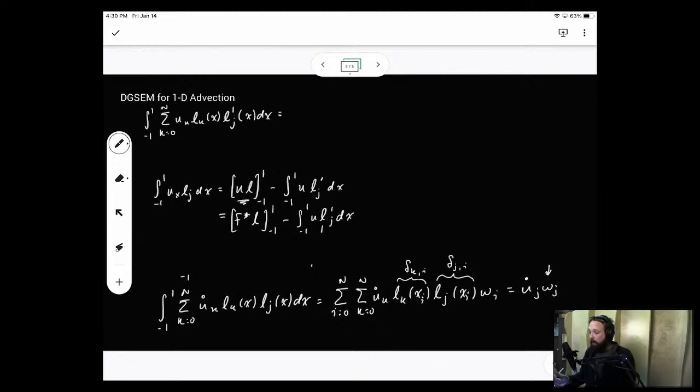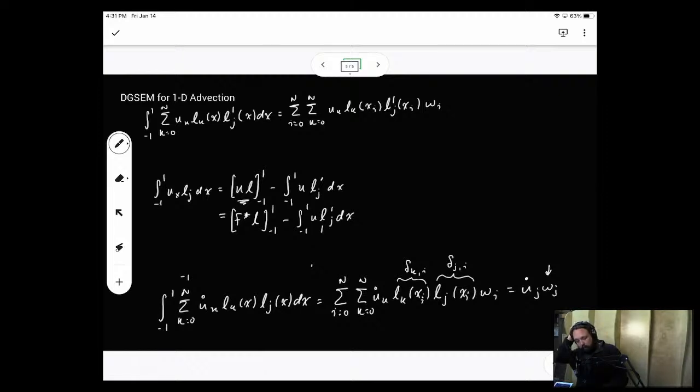And now we're going to go from continuous integration to discrete integration. So we get another sum, i equals 0 to n. We have a sum k equals 0 to n, uk, lk xi, L prime j xi, and then we have those quadrature weights, those omega i's.